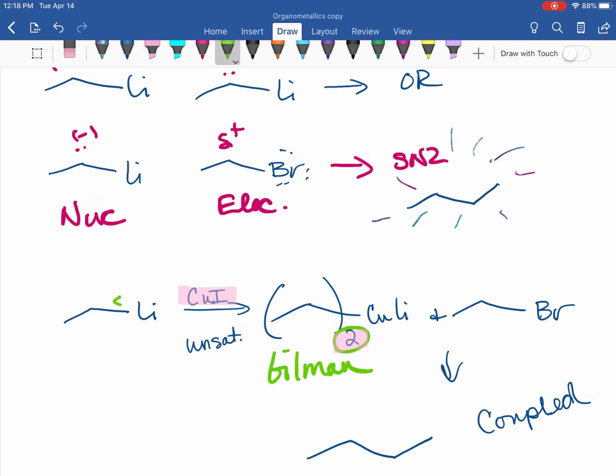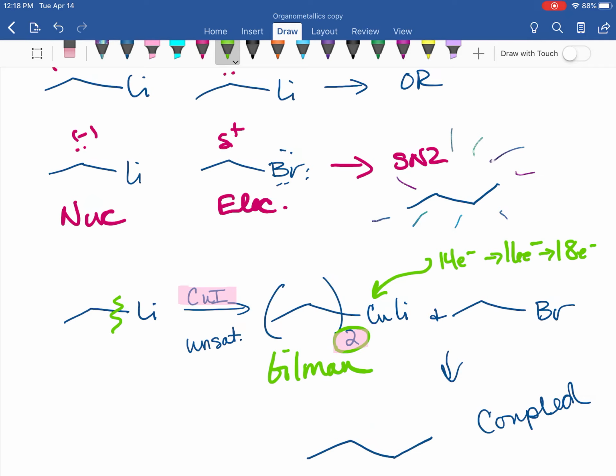But what happens is when copper inserts here into this bond, it actually takes on two. And we're not going to get that deep into it. It depends on that electron count. If I'm not mistaken, you're going from 14 to 16 to 18 electrons in this transition.